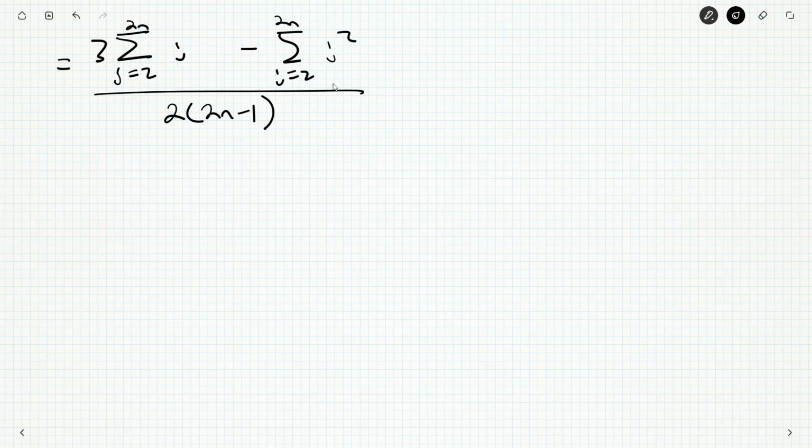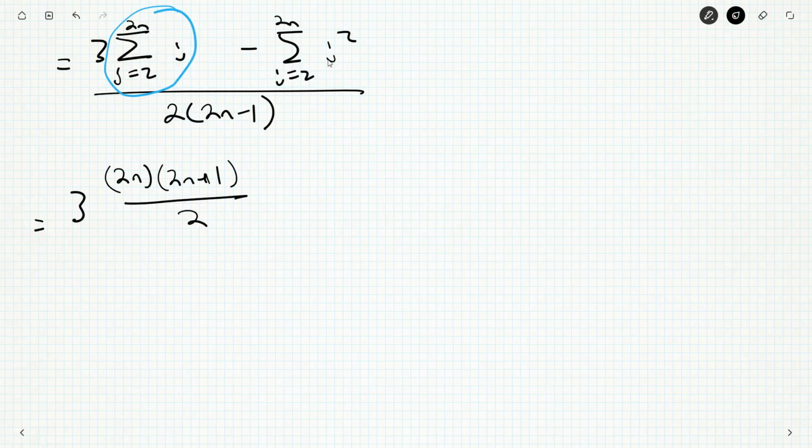Then, well, actually, this first bit here is just the same formula we used earlier. So it's going to be 3 times 2n times (2n plus 1) all over 2. But remember, we don't have j equals 1, so we'll subtract off 3 here. And then we don't have j equals 1 here either, so it'll be minus some expression minus 1. Now, what is the sum of the j squareds up to 2n?